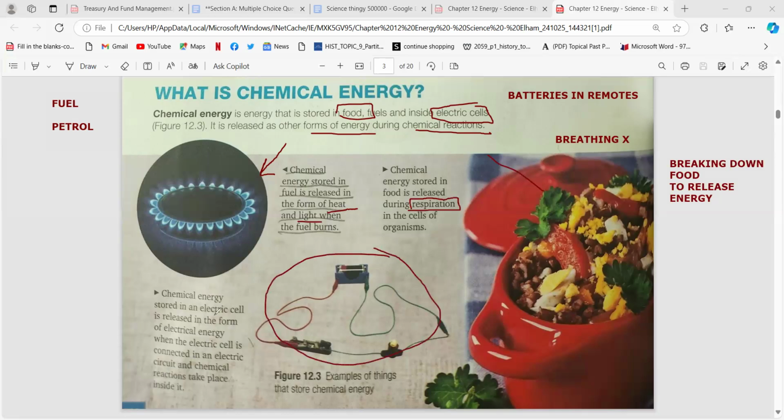Chemical energy stored in an electric cell is released in the form of electrical energy when the electric cell is connected in an electrical circuit and chemical reactions take place inside it. So you can see that this circuit that's being made has electrical energy in it, and this chemical energy is being formed into electrical energy.